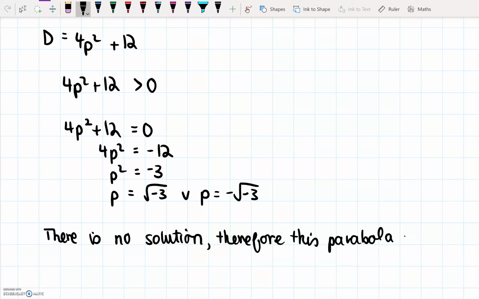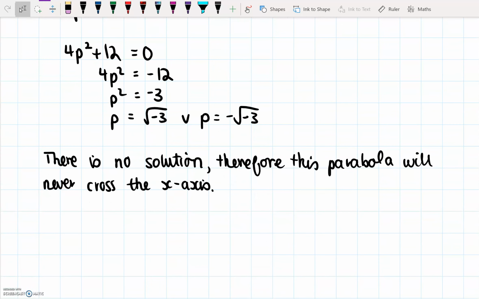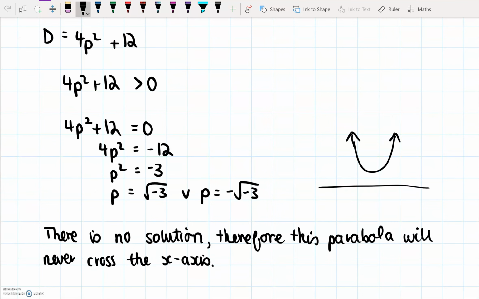Now, that means we know we had a happy parabola. So if we draw a little sketch of that, our parabola looks like this, and it will always look like this. No matter what value of p we choose, it will never cross the x-axis.